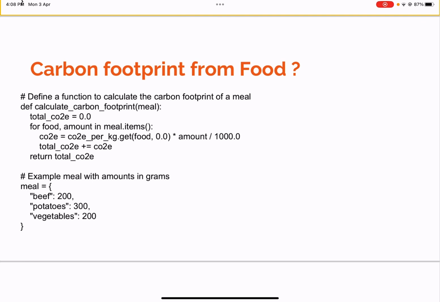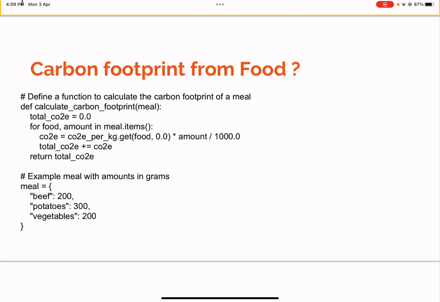And there, as you see, the user is required to enter, as seen in the code, the amount of beef he or she consumes, the amount of potatoes, and the amount of vegetables, whatever. From the list he or she can choose the quantity he or she consumes per meal.